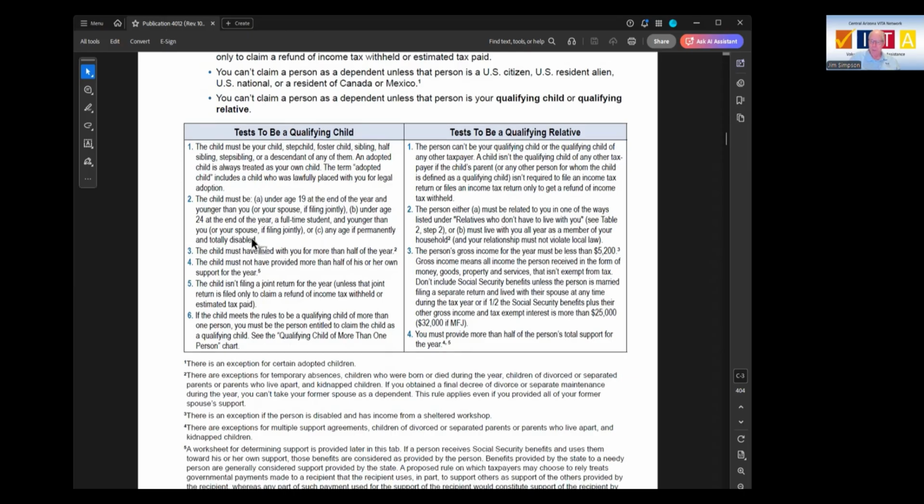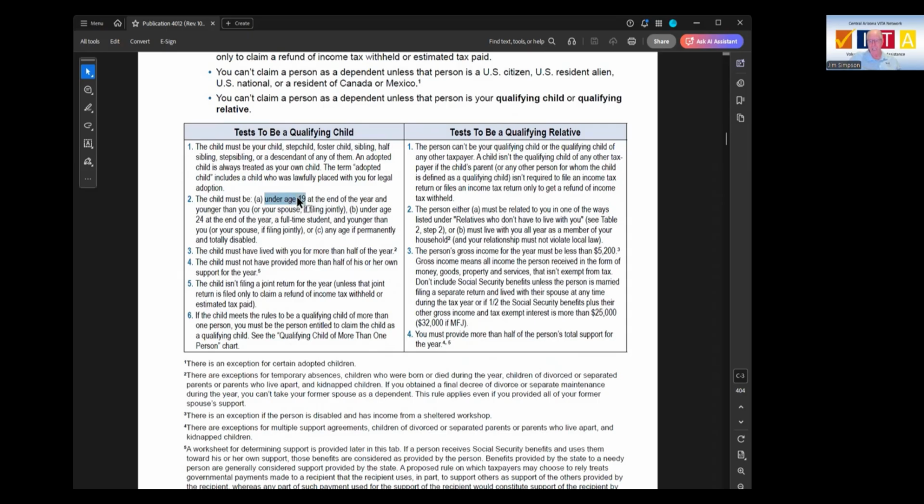Okay, number 2 is really important. The child must be under age 19. Now, always in the tax law, be careful of whether they say under 19 or 19 or older or older than 19. They all 3 mean different things. Okay, in this case, it says under age 19.